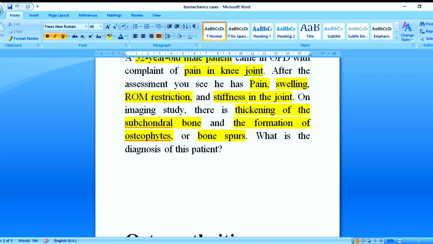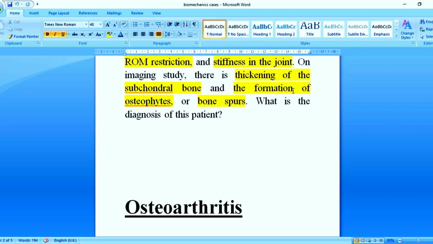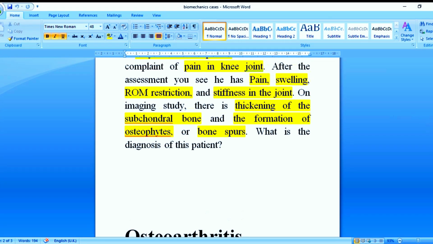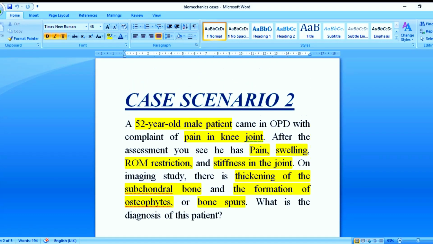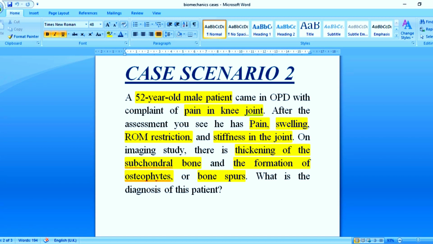The patient is diagnosed with osteoarthritis because we have seen the formation of spurs, there is stiffness, and the joint spaces are reduced. All of these are present in an osteoarthritis patient. So this case scenario is related to osteoarthritis. The major diagnosis of this patient is osteoarthritis.